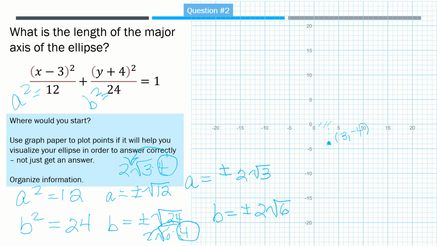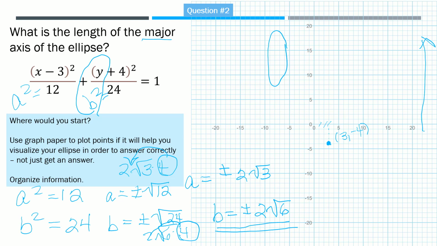All right, we can see that b is the larger number. B always goes with y, so our major axis is going to be parallel to the y-axis. So our ellipse is going to be elongated this direction. So we're going to start from 3, and the amount that we move up and down is 2 square roots of 6.